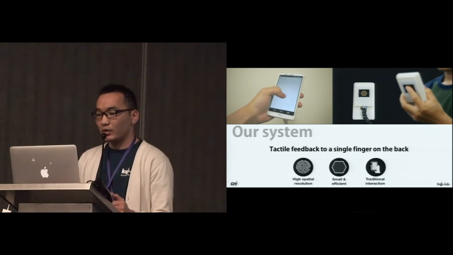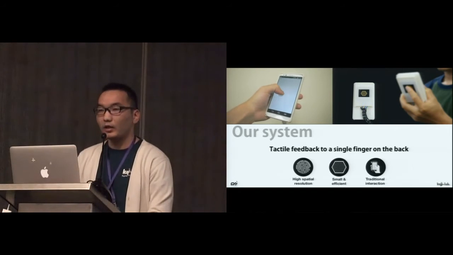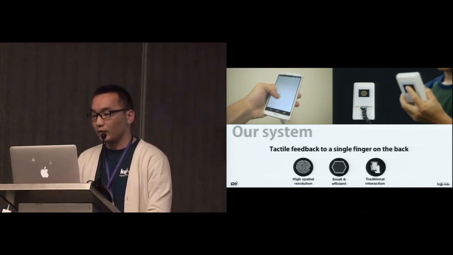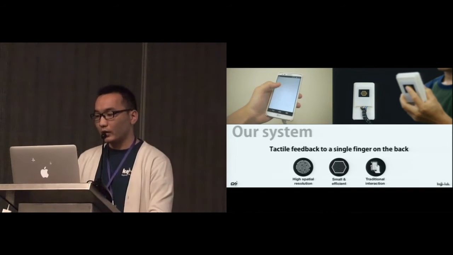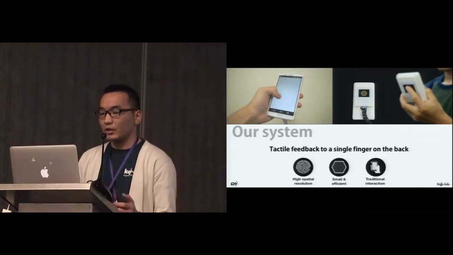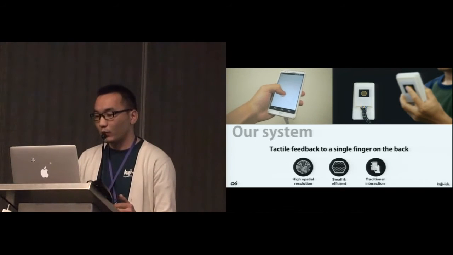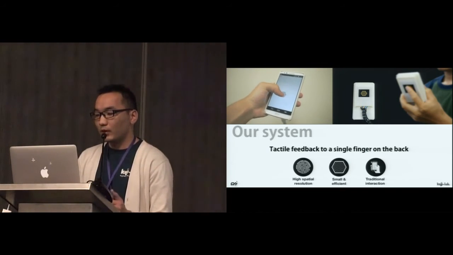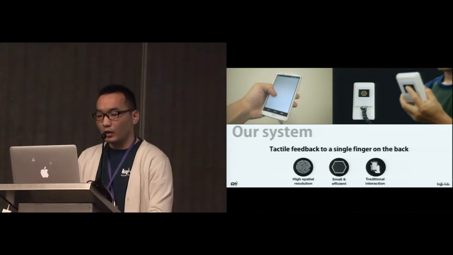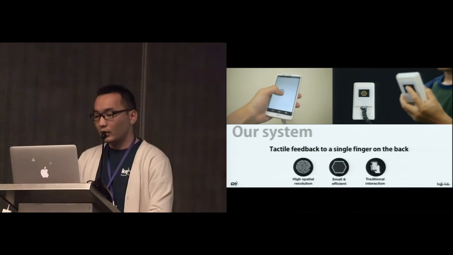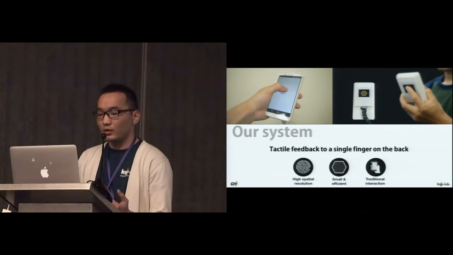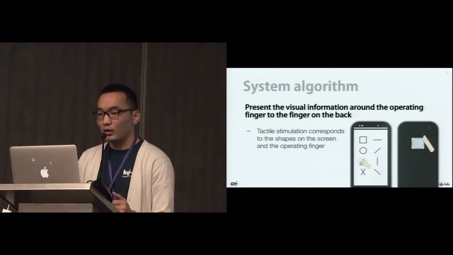The first is that the spatial resolution of the fingertips is high, and we thought presentation to the finger is more appropriate than presentation to the palm of the hand, because the shapes on the screens are touched by only one fingertip. The second is that the device becomes small, simple and low cost. And the last is that we do not have to change the way we interact with smartphones because its size is small.